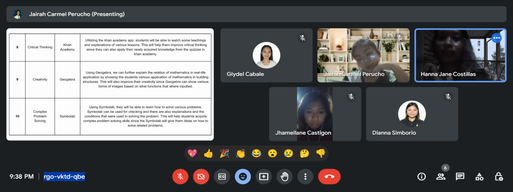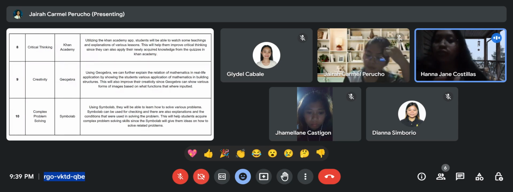For grade 10, complex problem solving using Symbolab. So using Symbolab, they will be able to learn how to solve various problems. Symbolab can be used for checking, and there are also explanations and the conditions that were used in solving the problem.